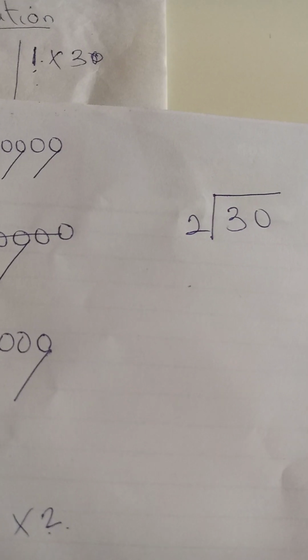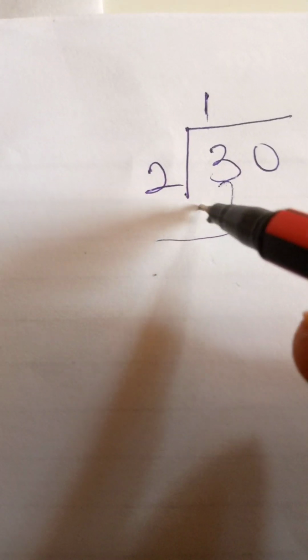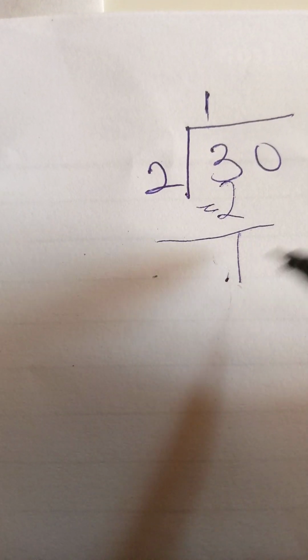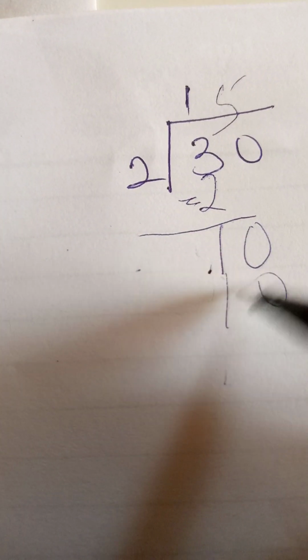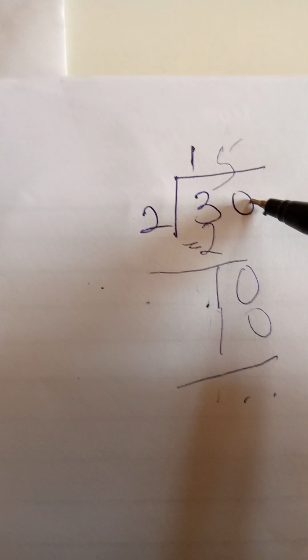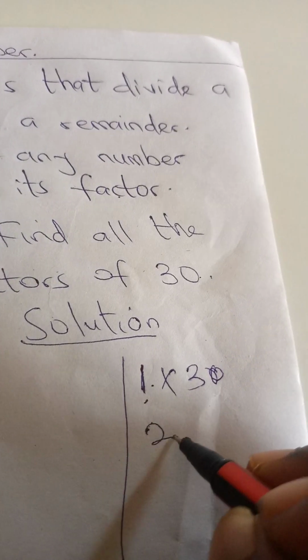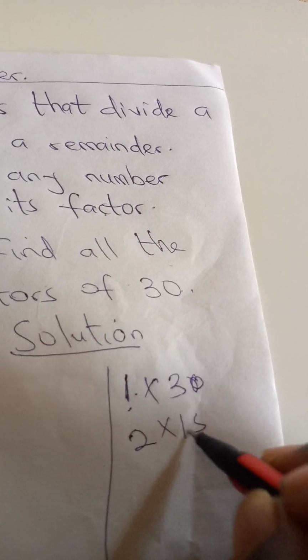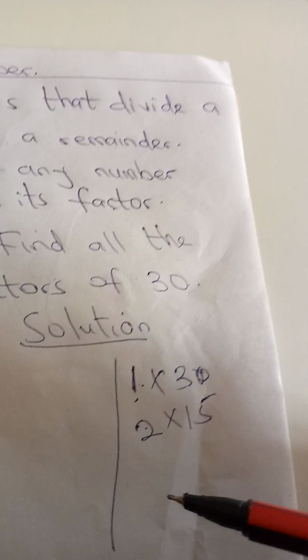So I'm using the long division method here. 2 in 3, 1, 2 times 1, 2, subtract, 3 minus 2, 1, bring my 0 down, 2 in 10, 5, 2 times 5, 10, and there is no remainder, meaning 2 can go in 30, 15 times. That is 2 times 15. I've tried 1, I've tried 2, I'll move to the next number, which is 3.